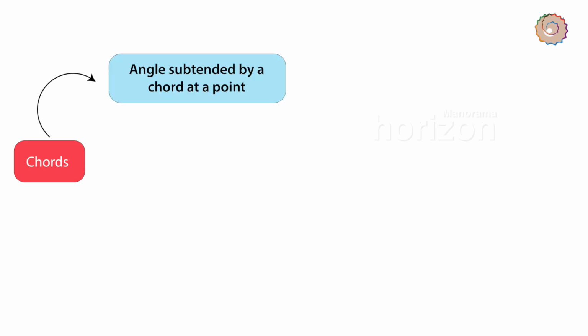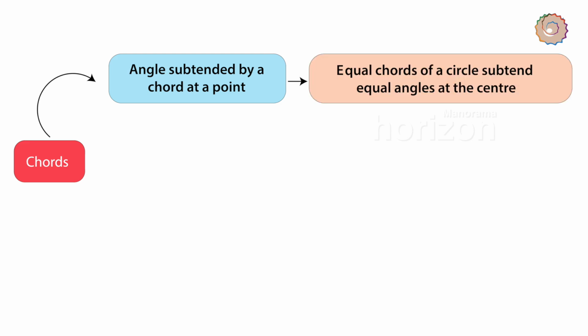So let's have a recap of what we have learned. So far we have learned theorems related to chords. We have seen theorems and their converse related to the angle subtended by a chord. We have the theorem equal chords of a circle subtend equal angles at the center, and its converse, if the angles subtended by the chords of a circle at the center are equal, then the chords are equal.